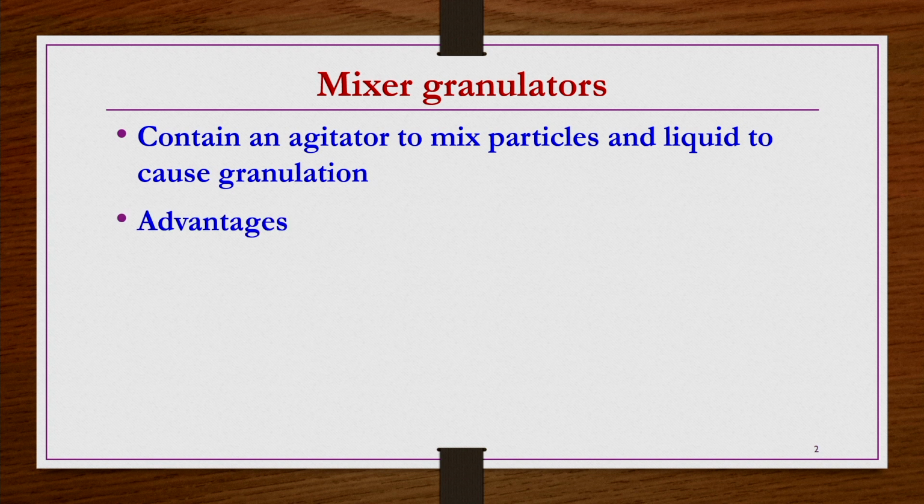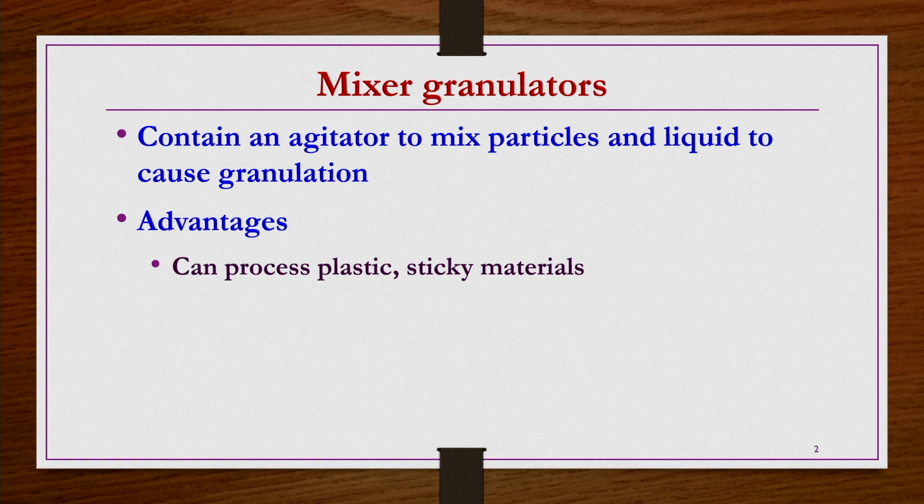It has several advantages, such as it can process plastic and sticky materials, which are in general a little bit difficult to handle using tumbling granulators, but we can conveniently handle sticky and plastic materials using mixer granulators. Also, the spreading of viscous binders.